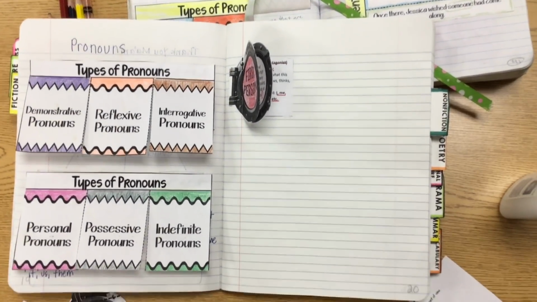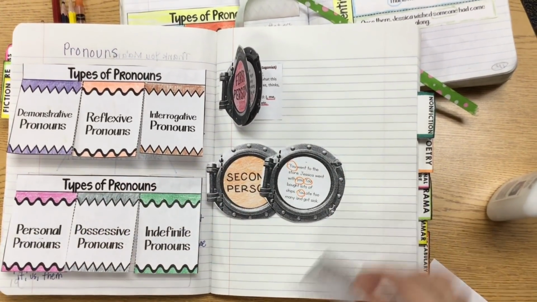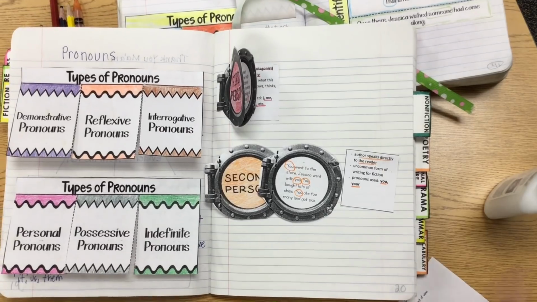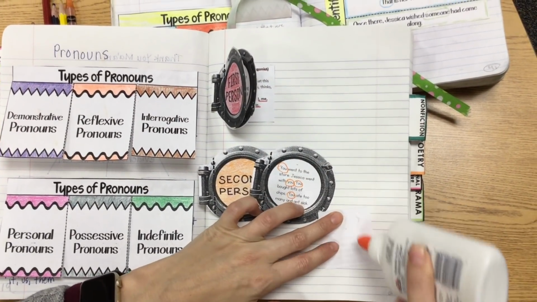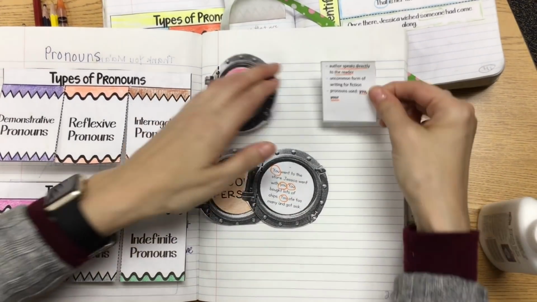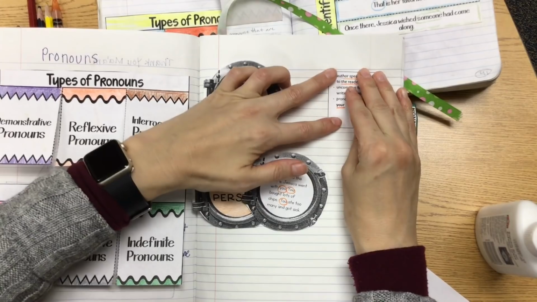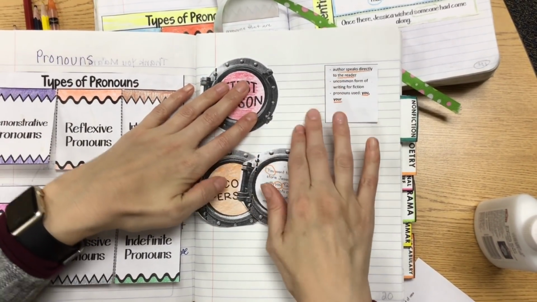So then we would go to second person and we would grab orange, orange, orange. And then we're going to go right across and do that exact same thing. We're going to glue the definition down. Make sure you have plenty of space here.